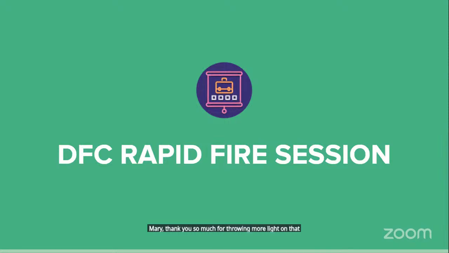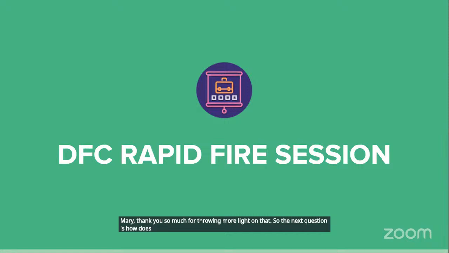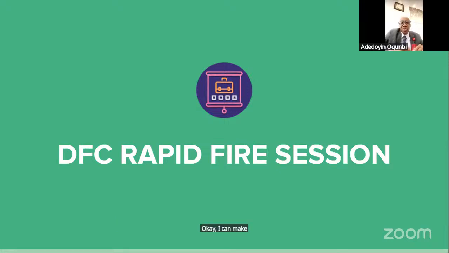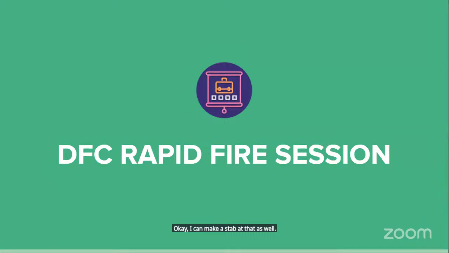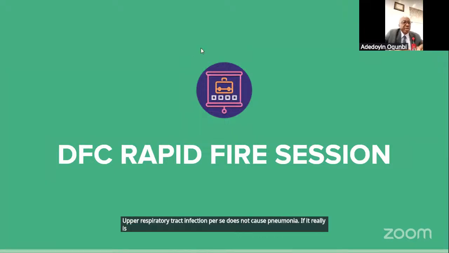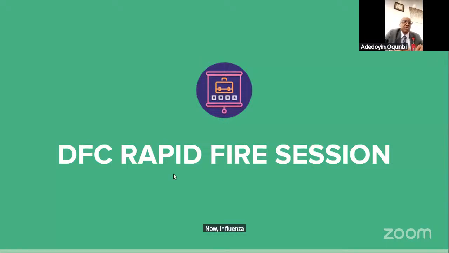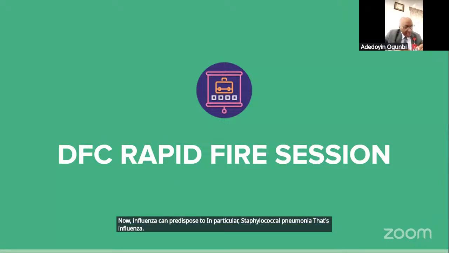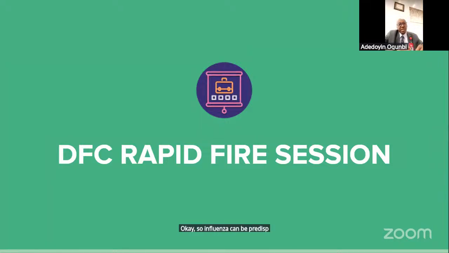All right, thank you so much for throwing more light on that. The next question is, how does poorly treated URTI result in pneumonia? I can make a stab at that. Upper respiratory tract infection per se does not cause pneumonia. If it really is upper respiratory tract infection, it's quite distinct. Influenza can predispose to pneumonia, classically staphylococcal pneumonia.